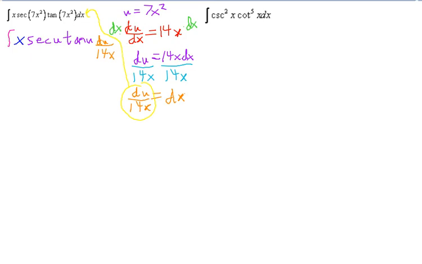Then, do you see what would simplify? We've got our x's there on the numerator and denominator. Those reduce out, which is what we want. We want all in terms of u. In this case, we can pull out a constant of 1/14. And then we're just left with the integral of secant u tangent u du.